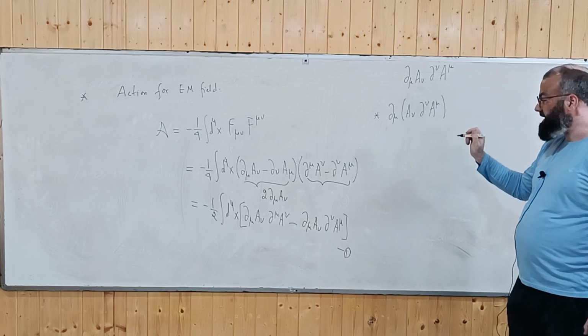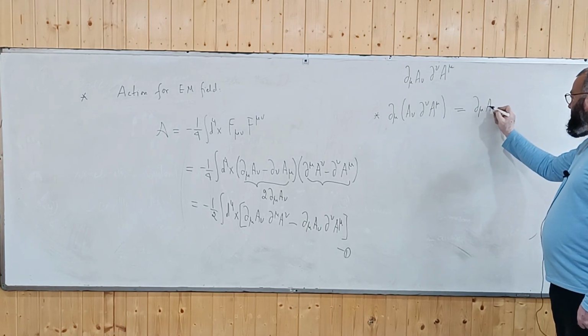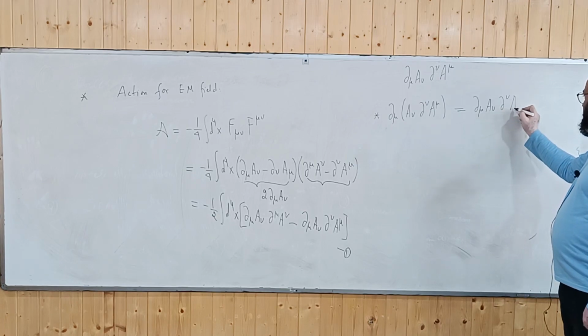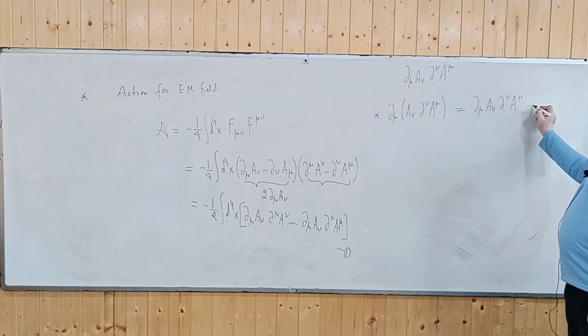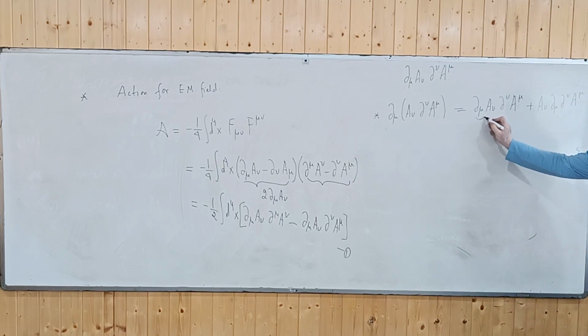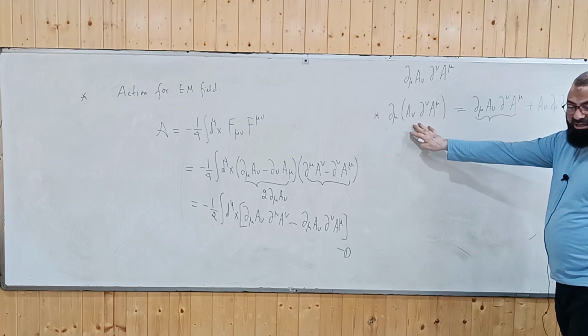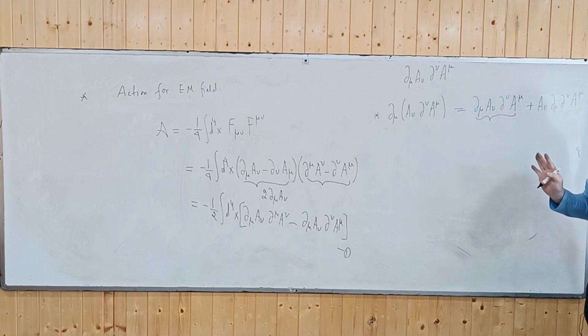What does it give me? Partial nu A mu, partial nu A mu, is it? So then plus A nu partial mu, partial nu A mu, is it? So that means this is the term which I require. So this term is equal to this term minus this term. Understood? Okay. So let's call this as second.